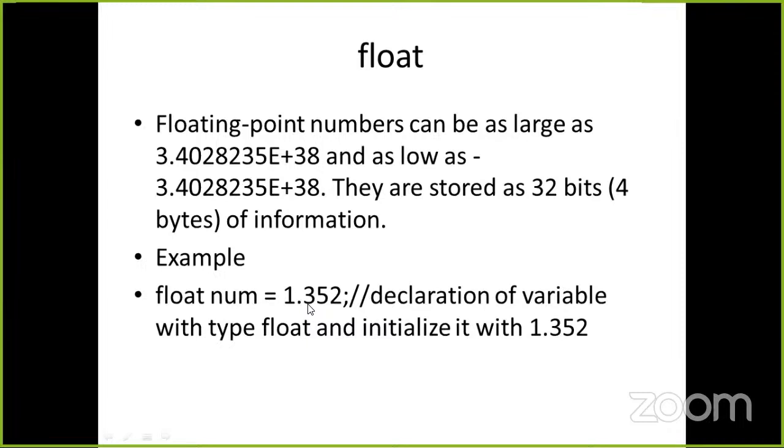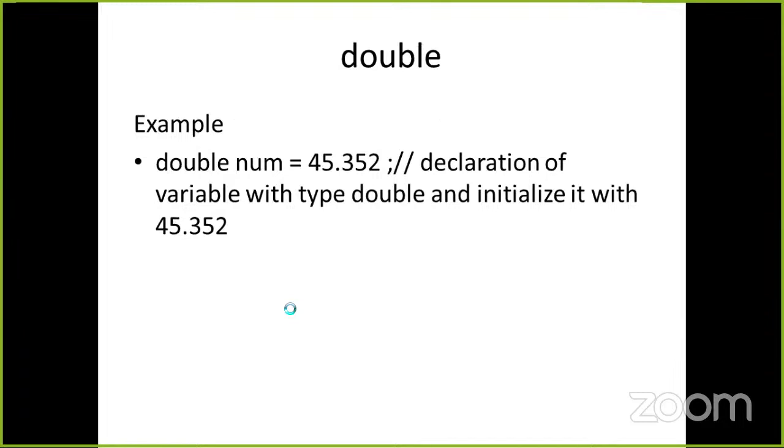When we store 10.0, the value is not stored properly, so we use double. When we have to store two digits first and then a number of floating points, we use double.